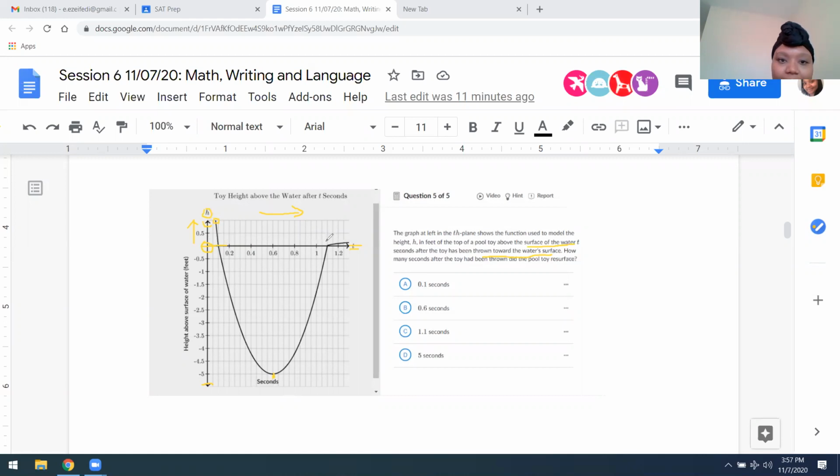So if we see here, the toy gets back to where the height would equal 0, and then it starts to rise up more. And we know that because it's traveling more upwards. And here on this graph, up and down refers to height, the height or lack thereof.